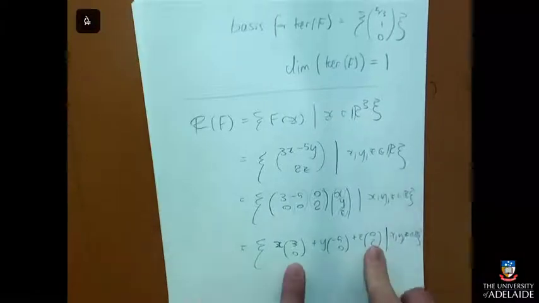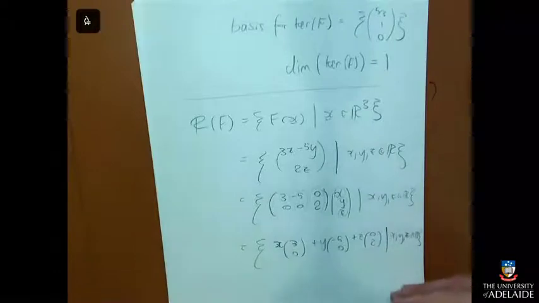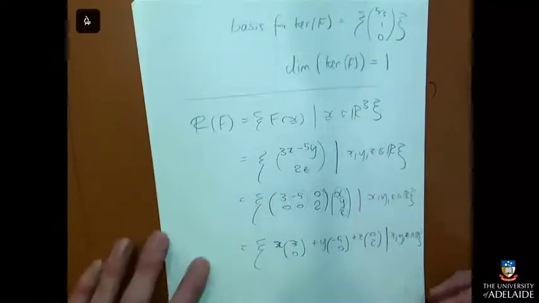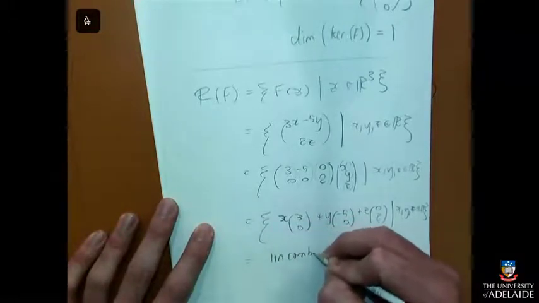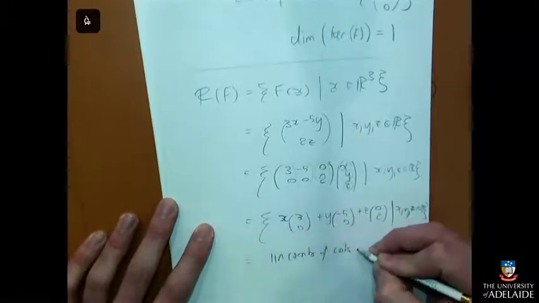And look, it's all the linear combinations of the columns. You don't need to do all this working to know that. You're allowed to just know that. So we are allowed to say it's the linear combinations of the columns of the matrix.